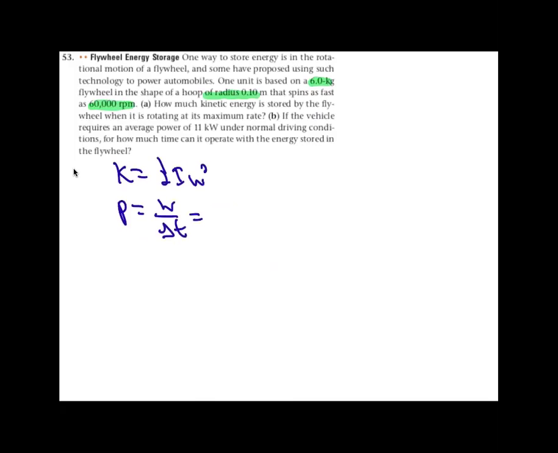Just the energy you just found over delta T. So you can solve for delta T. I guess for completeness, the I here is just going to be MR squared.